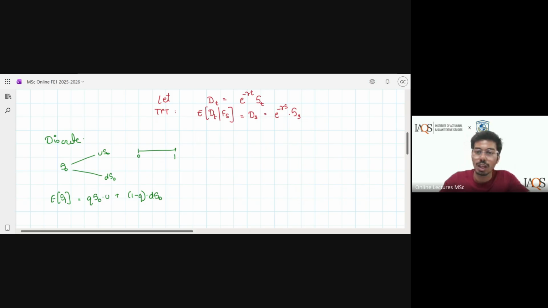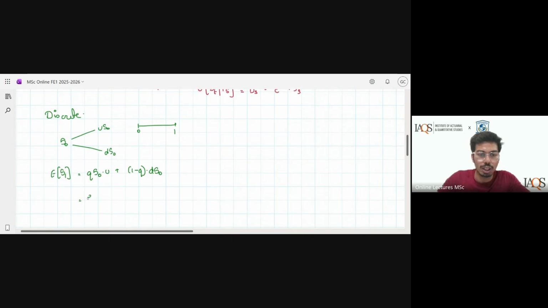Everyone with me? Perfect. I know the equation of Q is e raised to R minus D upon U minus D. So the expectation is e raised to R minus D upon U minus D into US0 plus 1 minus e raised to R minus D upon U minus D into DS0.